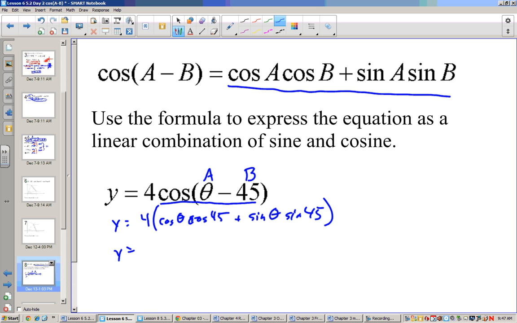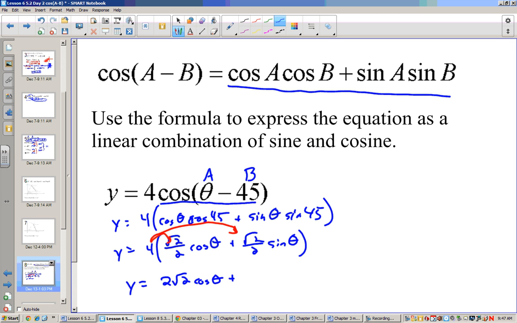And now, since we know the cosine and sine of 45 is root 2 over 2, that's like root 2 over 2 cosine theta plus root 2 over 2 sine of theta. And now if I distribute the 4 to both of these, 4 divided by 2 is 2. So this would be 2 root 2 cosine theta and 2 root 2 sine theta.